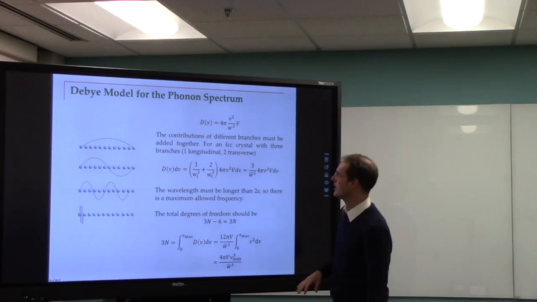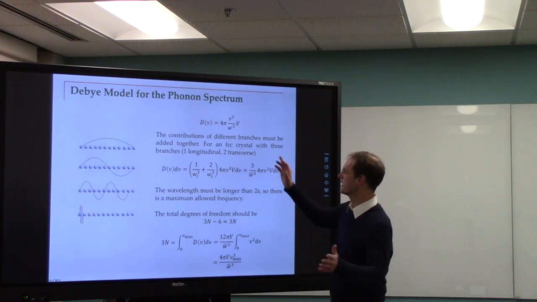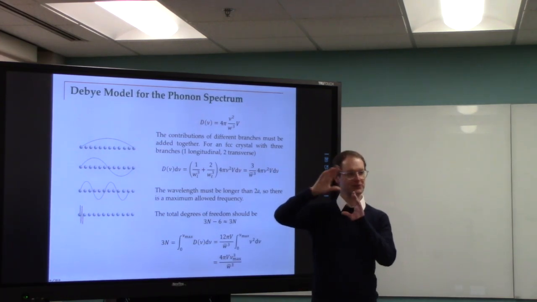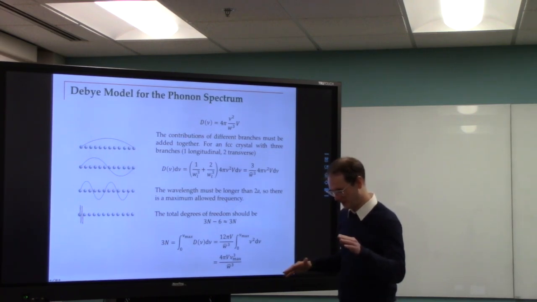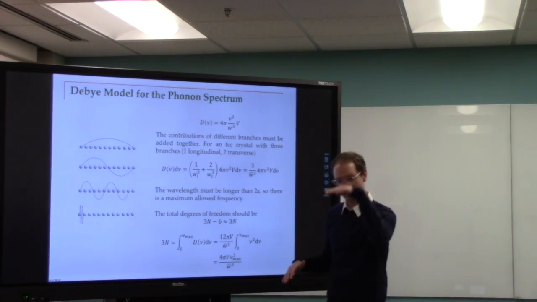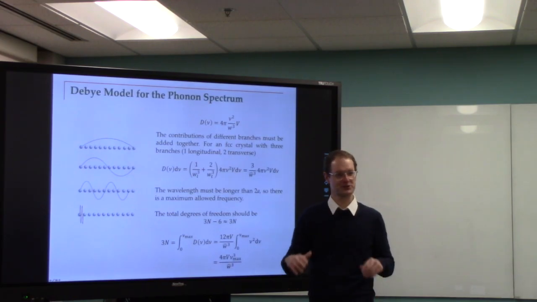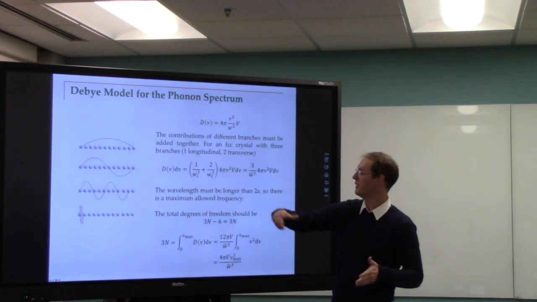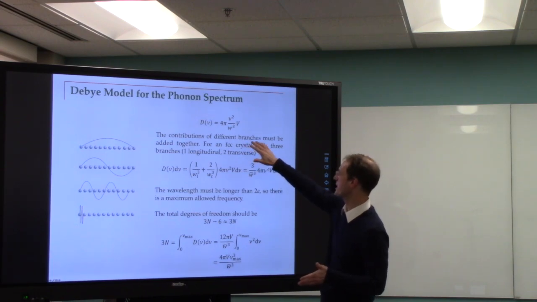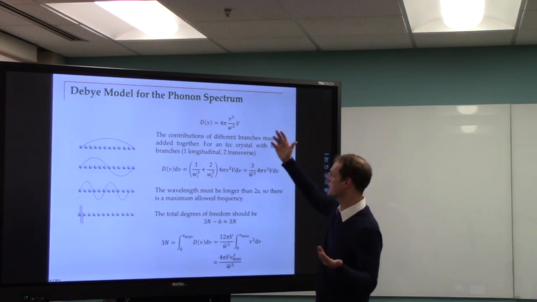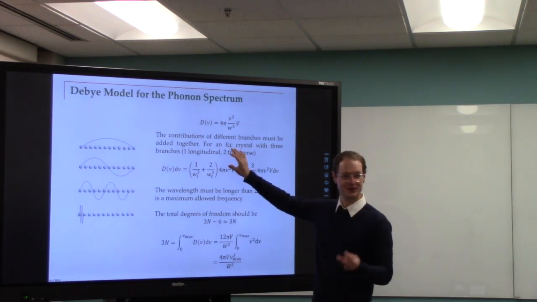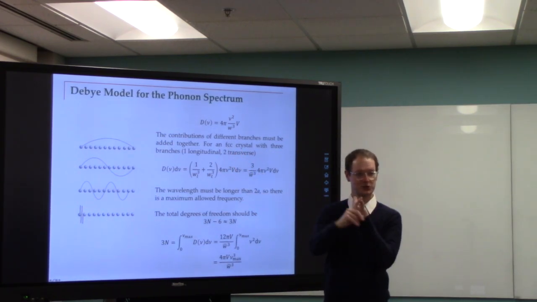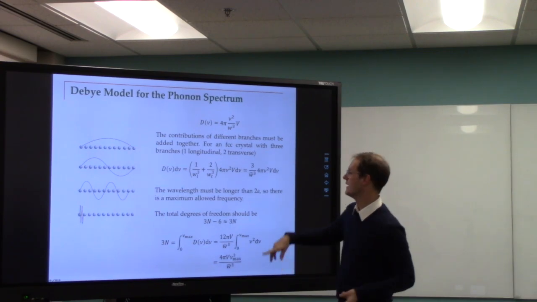And so, so far we've been considering a particular dispersion relation between the wave vector and the frequency, which gave us a certain speed of propagation w. But like we saw, there are different branches that you have to add together. So if you have a monoatomic FCC crystal, then you have to consider 3 branches, 1 longitudinal and 2 transverse.